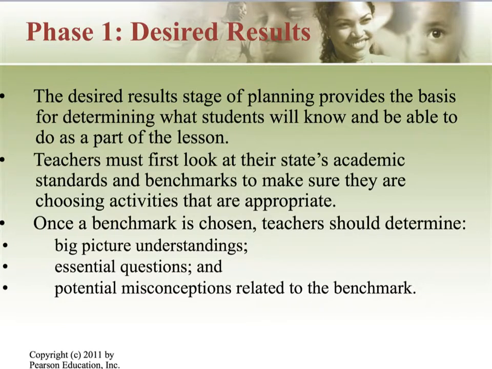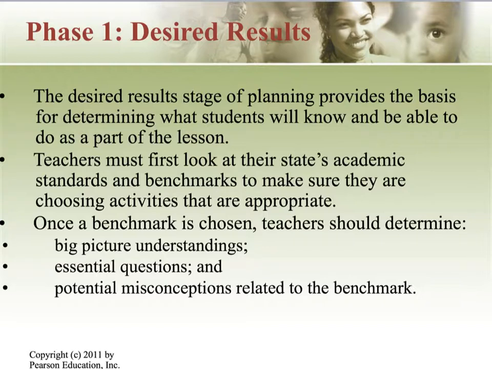Okay, so in phase one, the desired results stage of planning provides the basis for determining what students will know and be able to do as a part of the lesson. A teacher must first look at their state's academic standards and benchmarks to make sure that they're choosing activities that are appropriate.